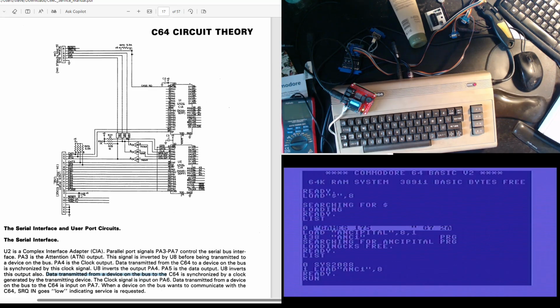I think the little beeps. Oh, probably can't hear the beeps. Oh yeah, probably should be able to hear beeps. That's the track change.